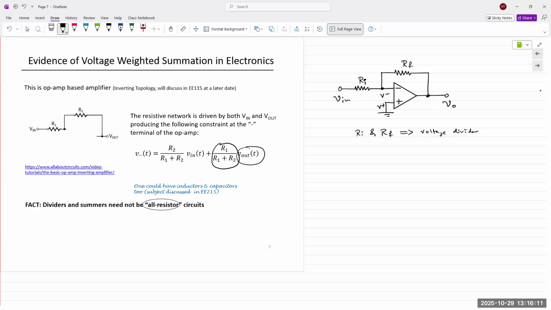Okay, so the voltage here would be V minus, and that V minus is basically a fraction of V in and a fraction of V out going into the circuit.